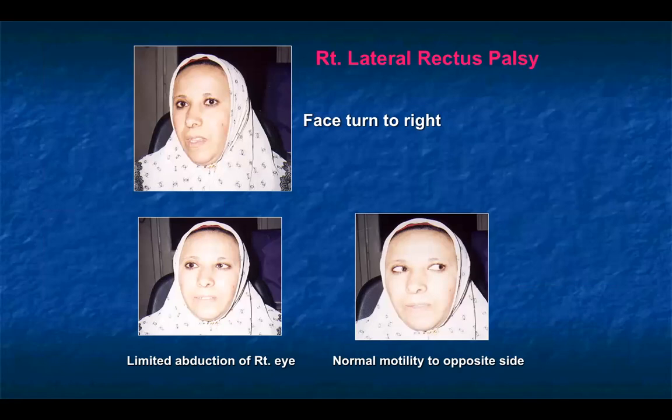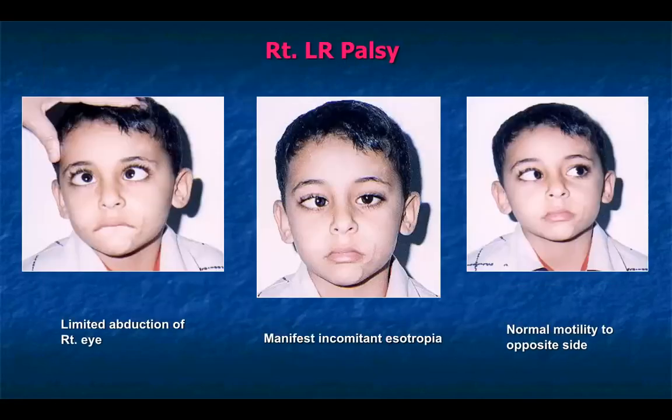This lady has a right lateral rectus palsy, so she's acquiring a right face turn, and there's limited abduction of the right eye, but normal motility to the left. And again, this boy has right lateral rectus palsy with a manifest incomitant esotropia, where the angle is maximum in the right gaze, i.e. in the direction of action of the paralyzed lateral rectus, but the angle is least or almost zero prism diopters in the opposite direction.